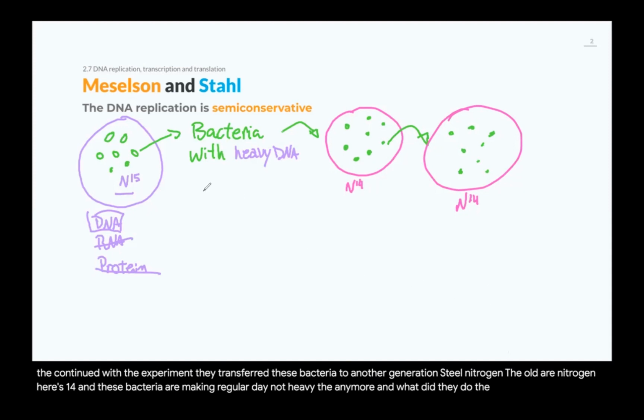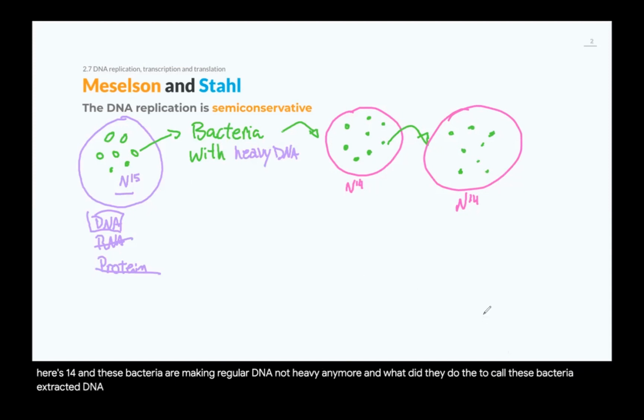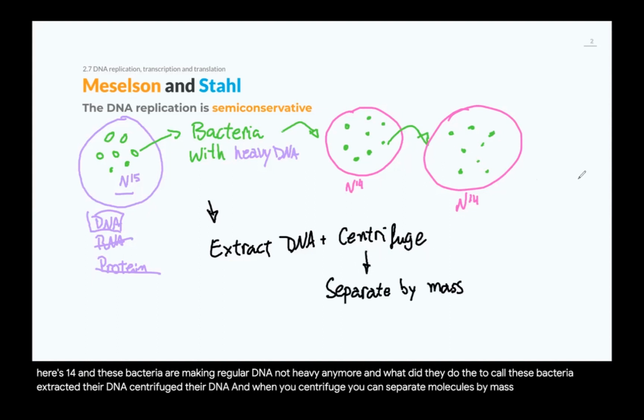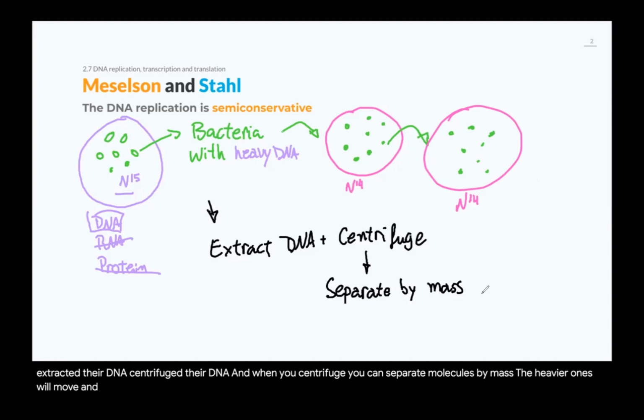They took all these bacteria, extracted their DNA, and centrifuged it. When you centrifuge, you can separate molecules by mass. The heavier ones will move, and you can separate them in a gel by mass.